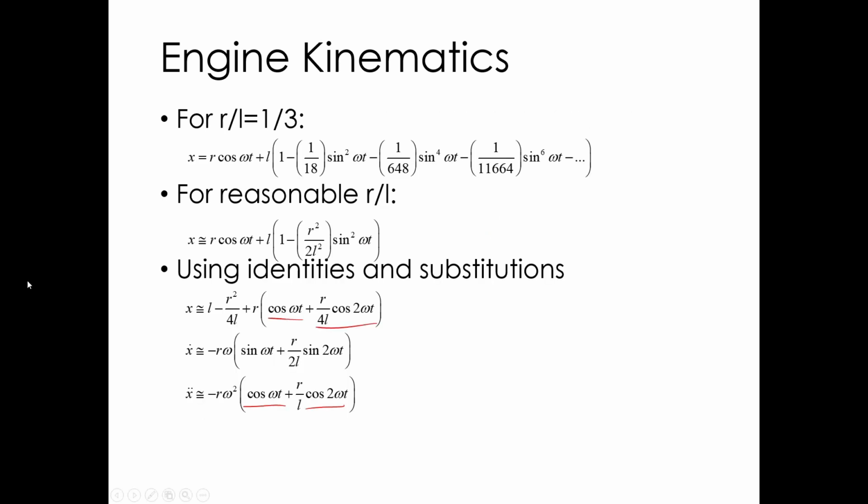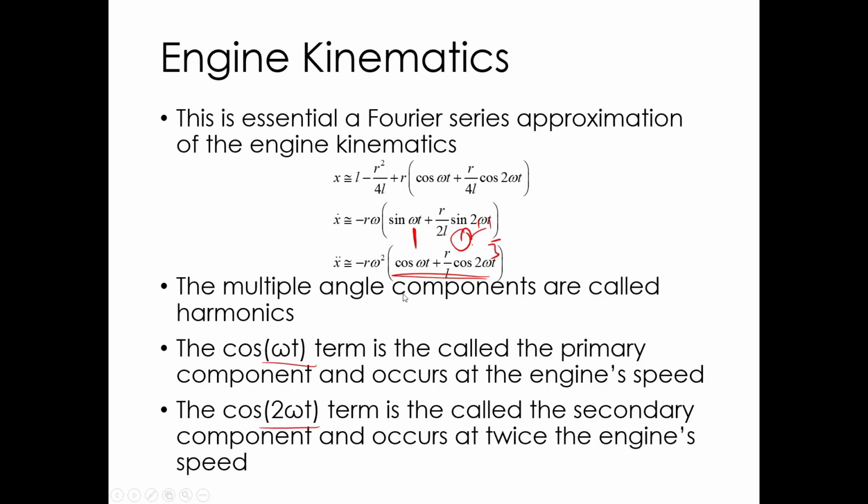Yes, in an engine we'll have terms out here, but they're at higher frequencies and the magnitudes are really small for reasonable values of R over L. That's why, if you've been around engines or engine balancing at all, you'll hear about primary and secondary, but you won't really hear about tertiary. Maybe some OEMs care about that stuff. I don't know. But in general, for reasonable values of R over L, we really only care about the primary and secondary components.